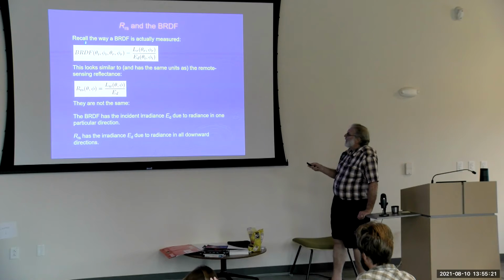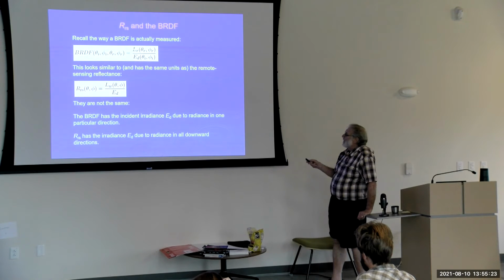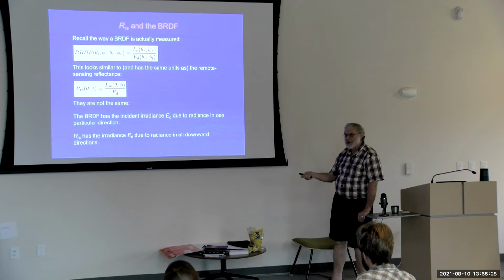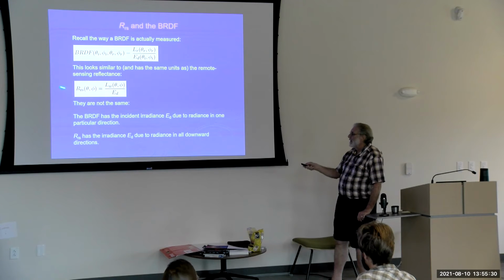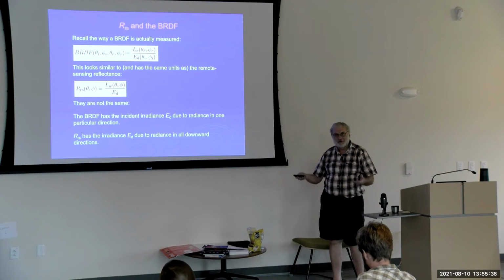So the BRDF has units of radiance over irradiance, so that's units of per steradian. That's the same as the remote sensing reflectance, L_W over E_d, which has units of per steradian.